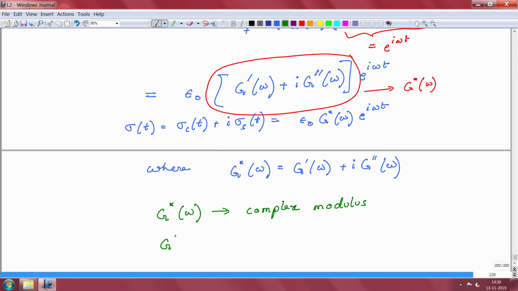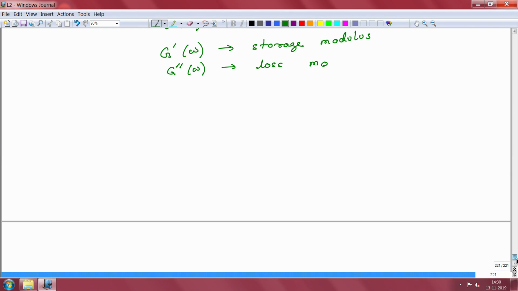And G dash of omega is called the storage modulus, and the G double dash omega is also called the loss modulus. Right.